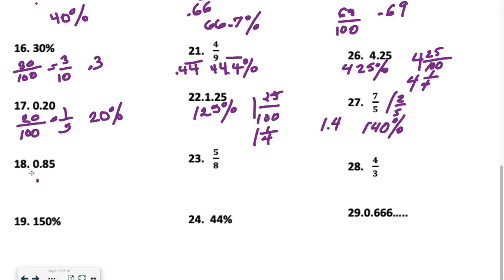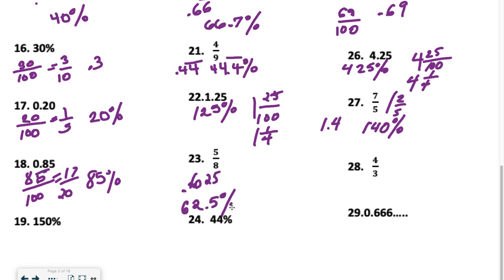0.85 would be 85 over 100. That does reduce by 5 to 17 over 20, or 85%. 5 over 8, when you put that in your calculator, is 0.625. Again, moving 2 to the right, that would be 62.5%. 4 over 3, which is 1 1/3, is a repeating decimal.